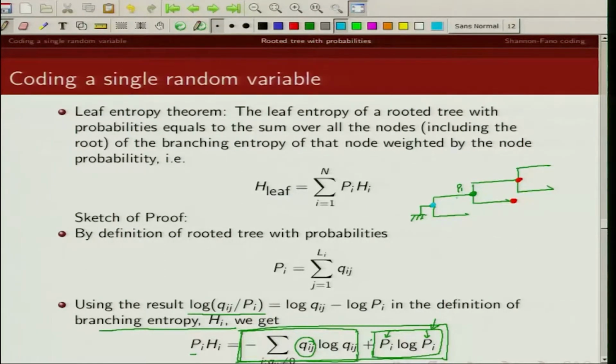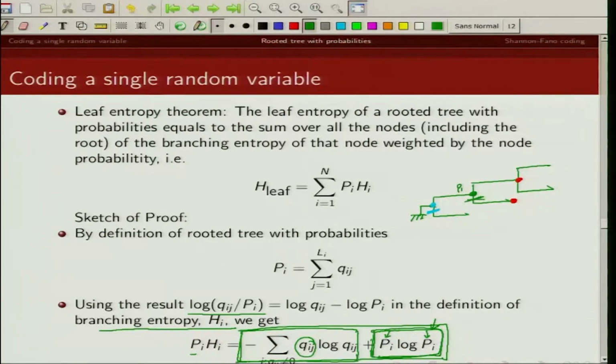So this Pi is actually Qij for this particular node, right? If I compute Pi Hi for this particular node, this Pi is giving me a positive contribution, which is Pi log Pi.